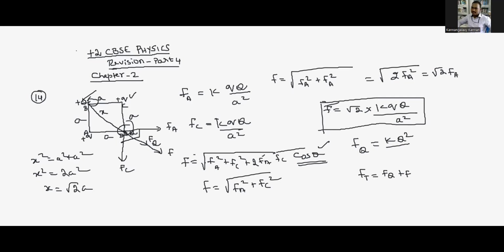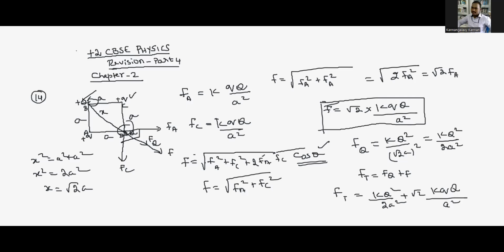R is x, which is already known, root 2 A. So x square means root 2 A the whole square, so K Q square by 2A square. Now let us find the total force. Ft is equal to Fq, that is K Q square by 2A square, plus root 2 K Q q by A square.